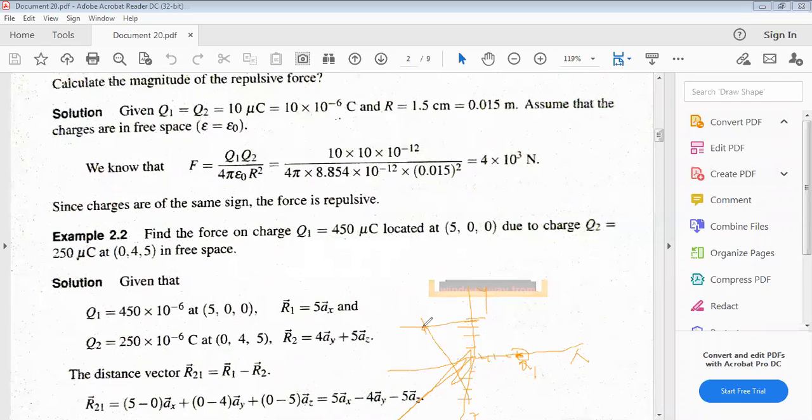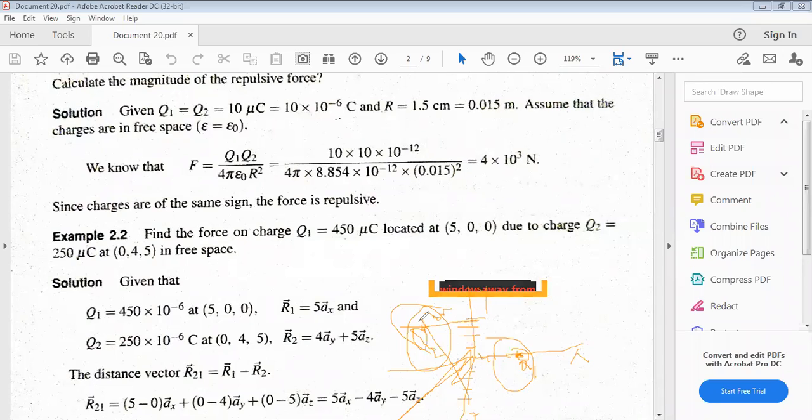This is the intersecting point. This is Q2, where 250 microcoulombs are there. This is point Q2, this is point Q1, and this is the representation. Find the force on charge Q1 due to the 250 microcoulombs. They are spaced apart; how much distance, you have to calculate.